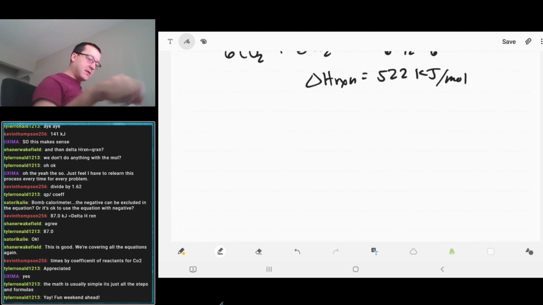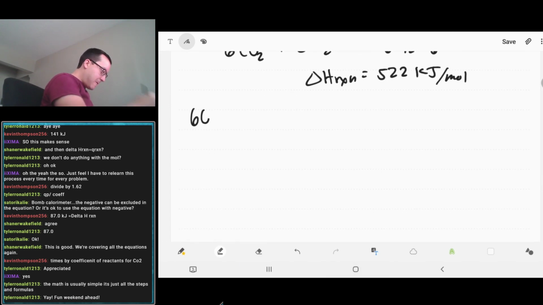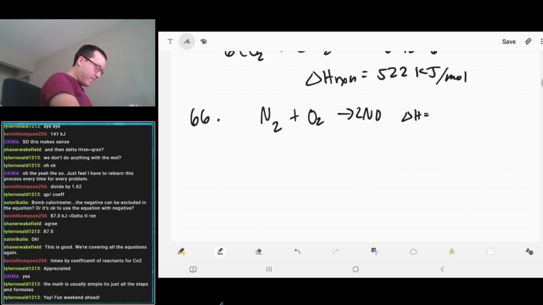So we had question 66. Okay, we can do this one. This one is a Hess's Law problem. Just copying the question here so we have it for easy access.